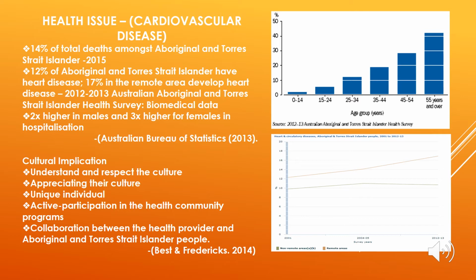For around 14% of Aboriginal and Torres Strait Islander people, this is the primary cause of their mortality, particularly ischemic heart disease and stroke.